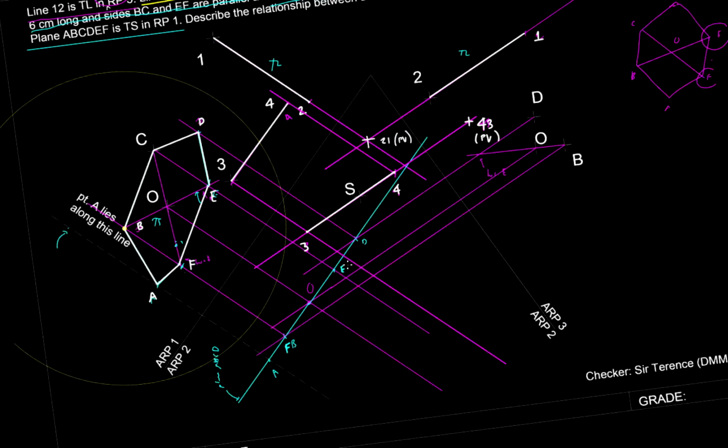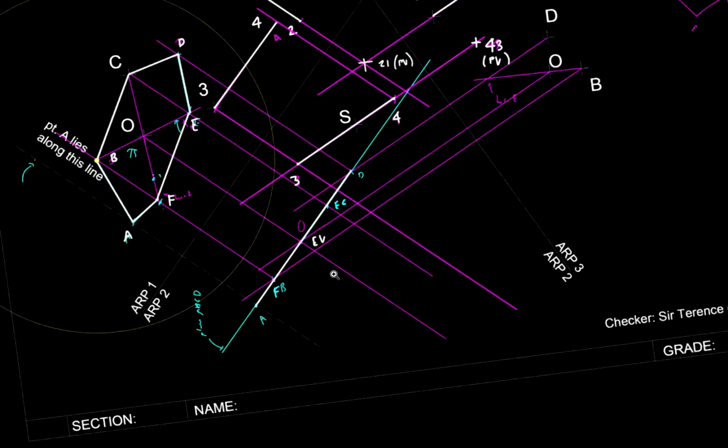This is EC. So, kung magpa-final answer tayo, we have, and we label this as an edge view, no? Edge view. Naka-edge view si ano natin. Okay?